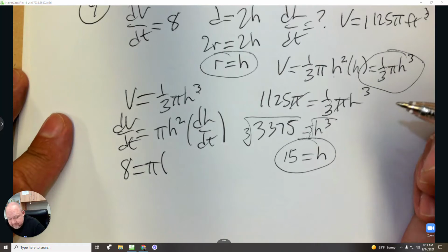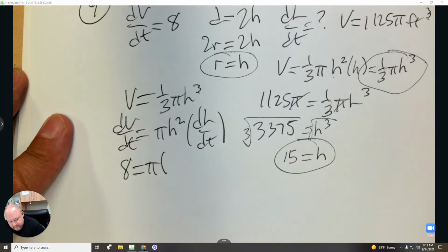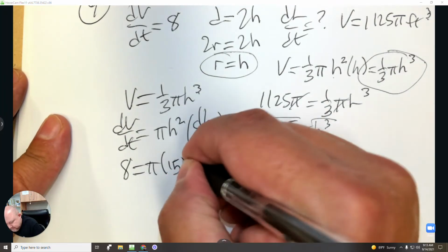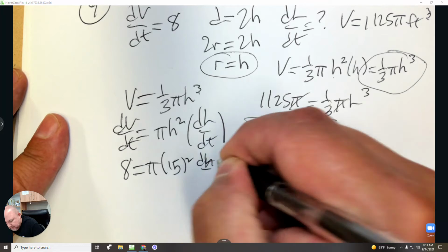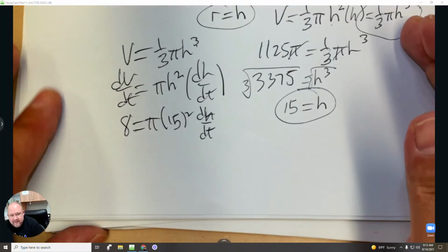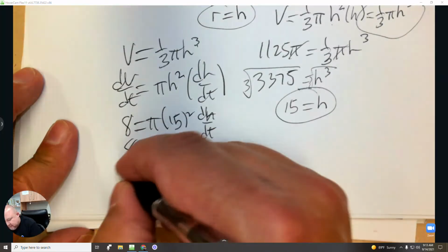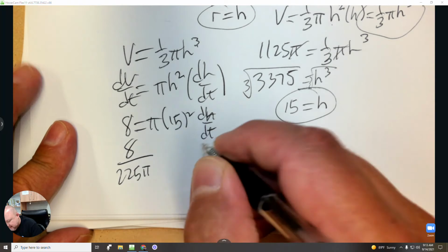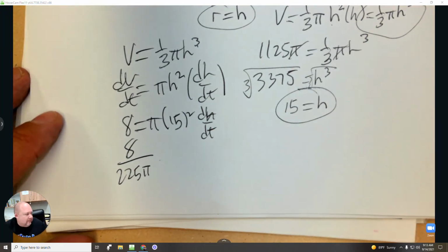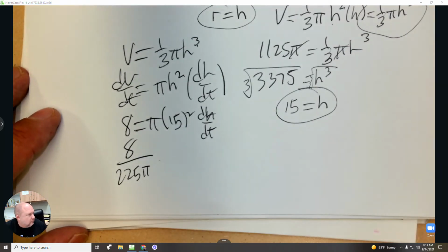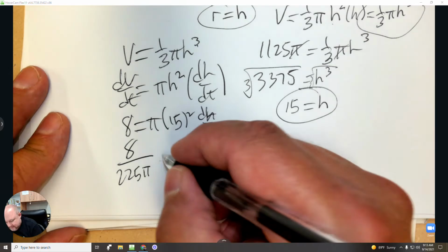The height is 15, and this is my goal. This is what I'm looking for, dh by dt. So I'm just going to divide. That's 225 pi, and the units would be feet per minute.